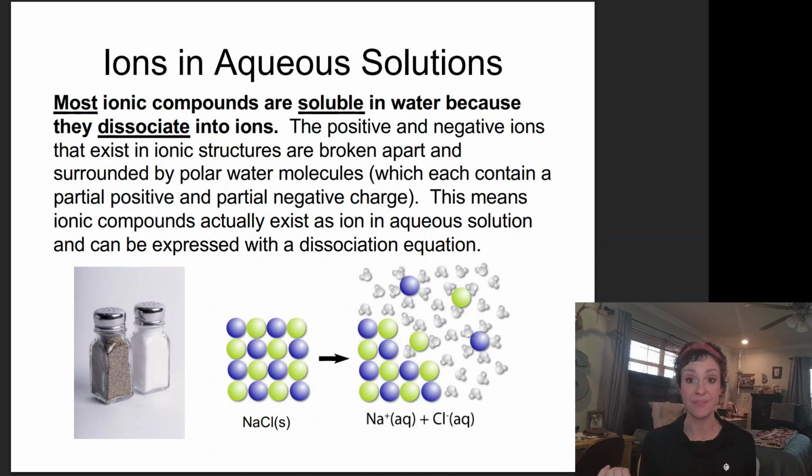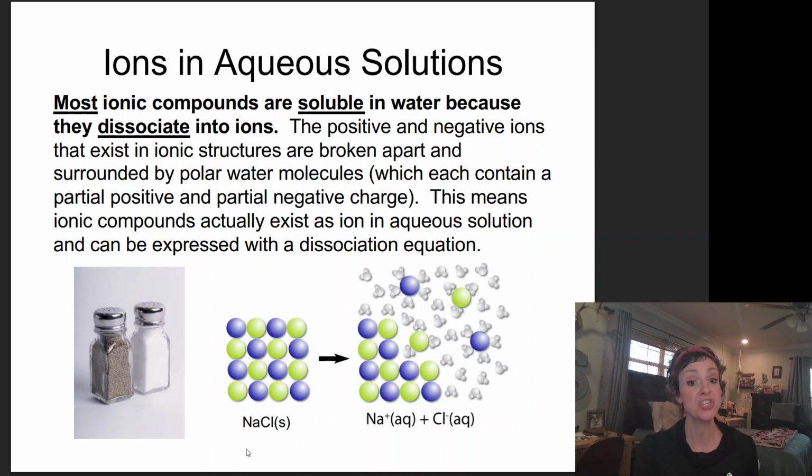Last time we talked about how each water molecule itself contains a partial positive charge and a partial negative charge, which means ionic compounds are going to exist as ions in aqueous solutions and can be expressed with a dissociation equation. A dissociation equation is modeled for you down here.